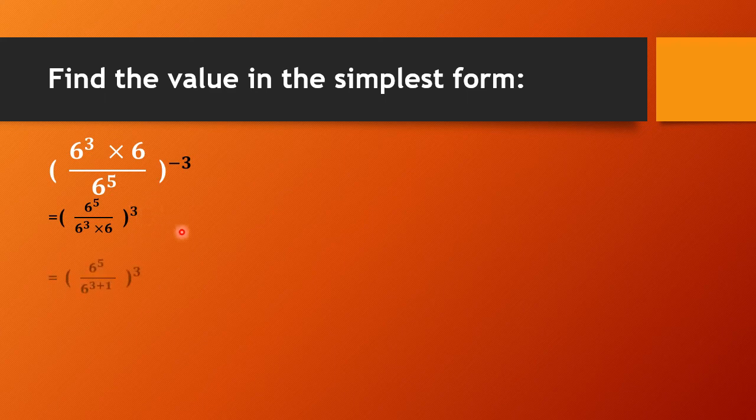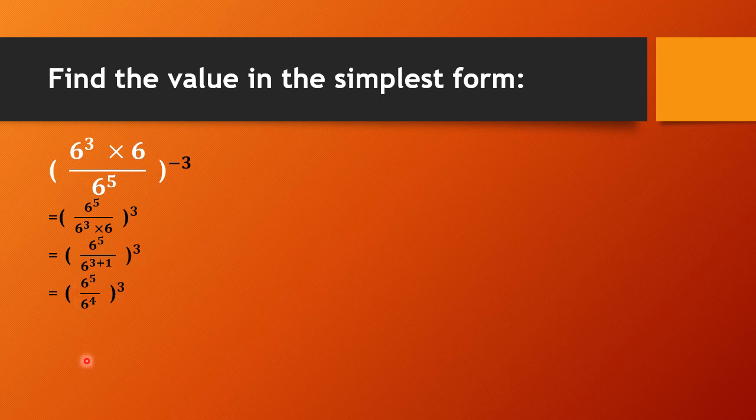After that, 6 power 5, and I will add powers because this is a multiplication operation. It will be 6 power 3 plus 1 equals 4, and power 3 the same. After that, this is a division operation with the same base.